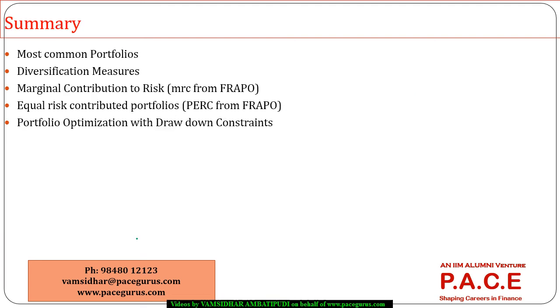These are some of the things that I wanted to cover as a part of this session. We talked in elaborate detail regarding the common portfolios, the diversification measures, marginal contribution to the risk, and even bringing in the optimization algorithms based on the drawdown constraints.